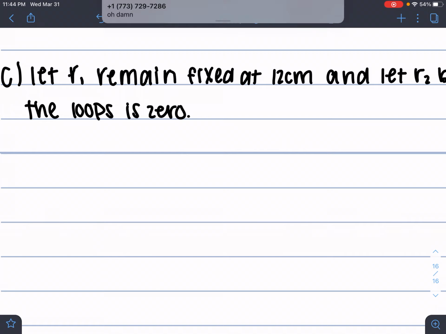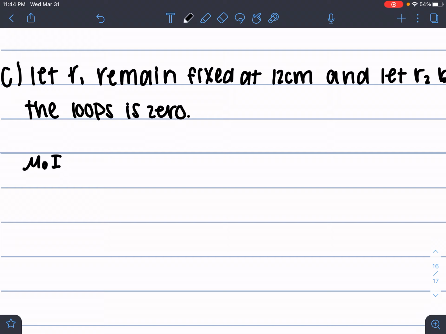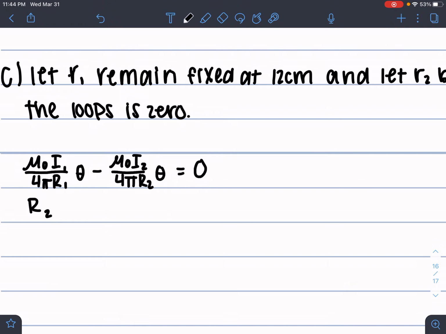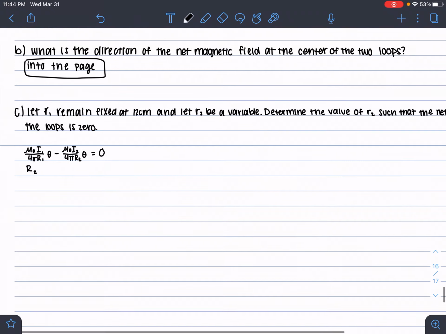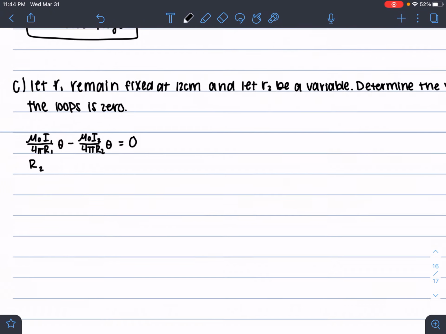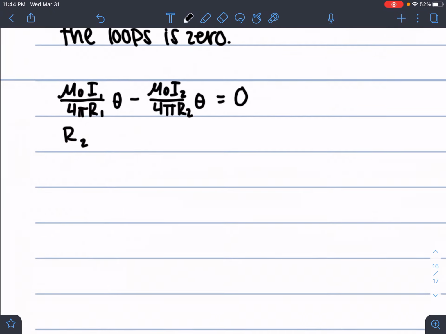So mu naught I1 over 4 pi R1 theta minus mu naught I2 over 4 pi R2 theta is equal to 0. Then I just solve for R2 because that's what we're looking for. R2 is the variable and we need to find the value of R2. So that's what I'm solving for.